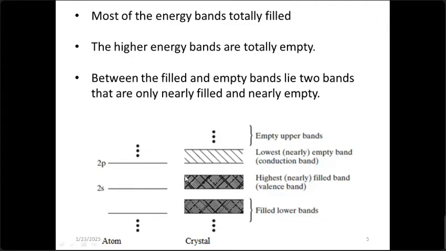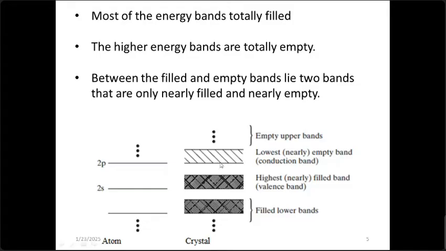There is that shell which we are calling the valency band, the outermost shell, which is either fully filled or partially filled. Above it, if we want electrons to conduct, they must leave the valency band.